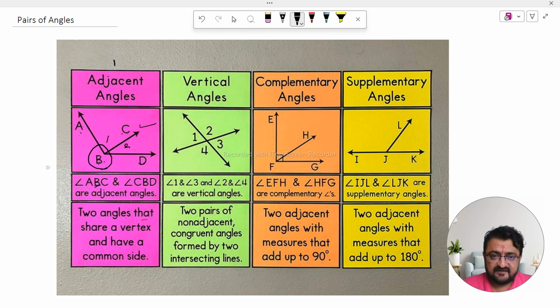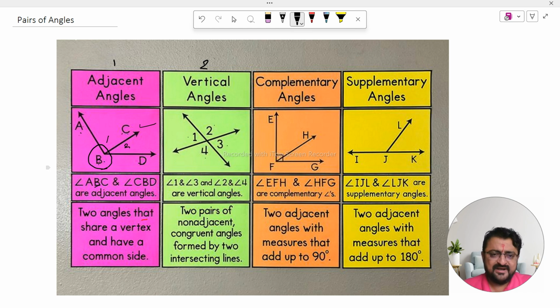Now I will explain the second type of pair, and that is vertical angles. The point is very simple. When two different lines intersect each other, a total of 4 angles are generated. You can see angle 1, angle 2, angle 3, angle 4.